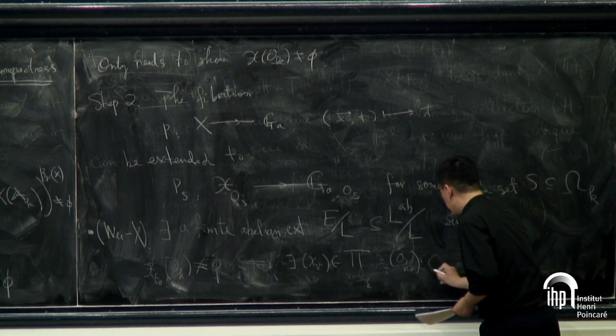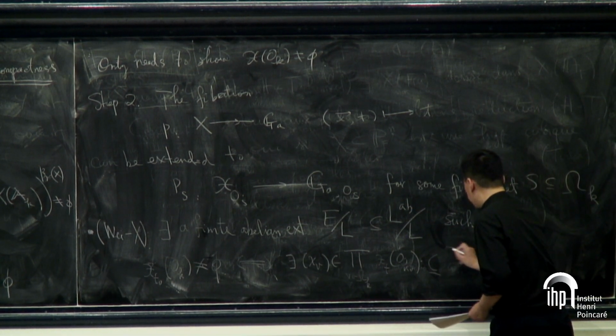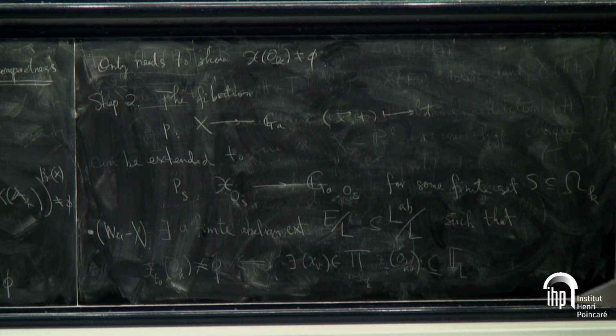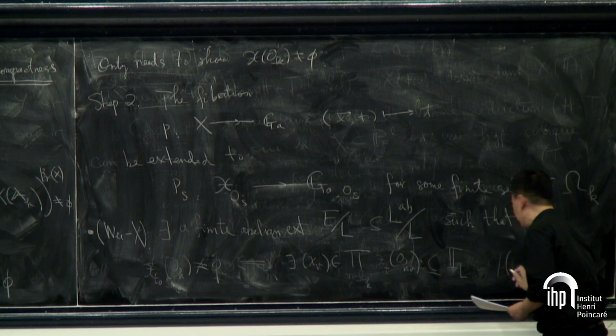Actually, this local solution you can regard as ideals of this field L, by taking the coordinates. Then you apply this Artin map on these ideals.